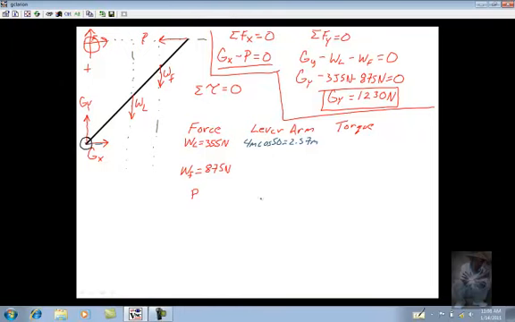Now I want to find the lever arm for the weight of the firefighter. Again, I've got to draw that from the axis of rotation, which will go from there to there. So this is my new lever arm. I label it L sub F.